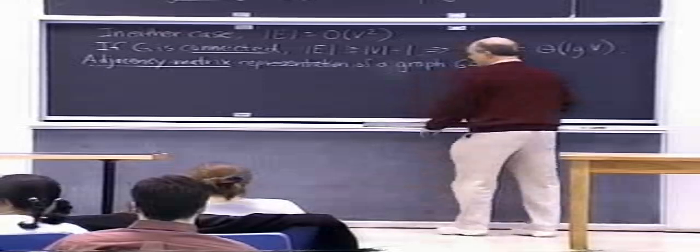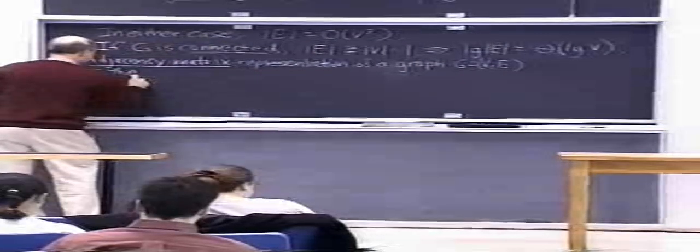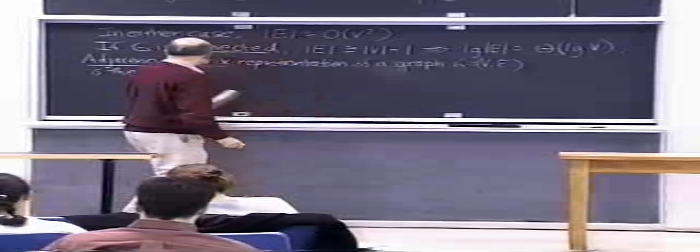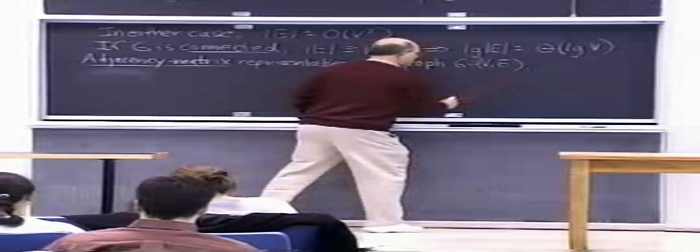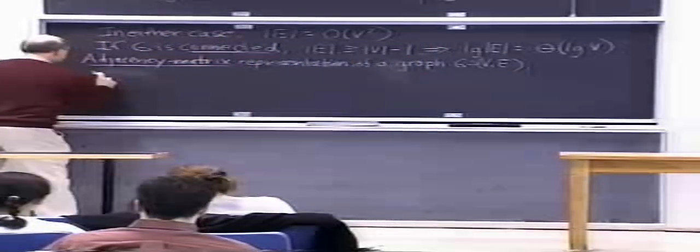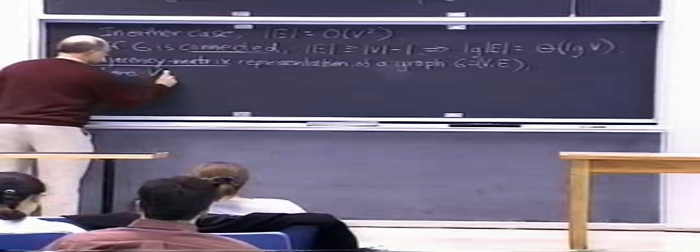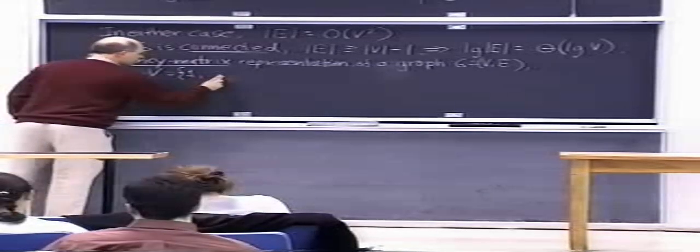Okay, let's actually simplify things for a second. Let's just, for convenience, say the set of vertices are just the numbers from 1 up to n.